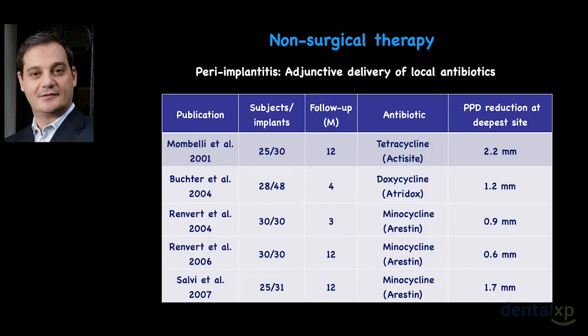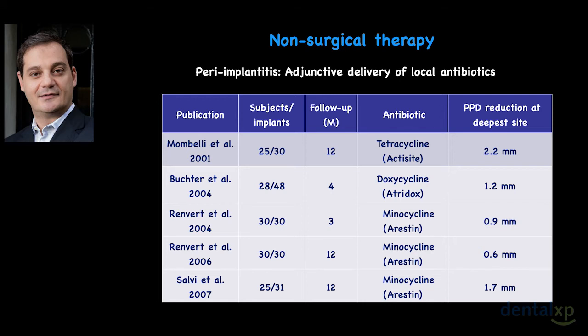How about the antibiotic addition, especially the local delivery of antibiotics? And here you can see the ones that exist. There was, a long time ago in the late 90s, early 2000s, something that does not exist anymore, called Actisite, which was a kind of band, like a retraction cord, containing tetracycline.